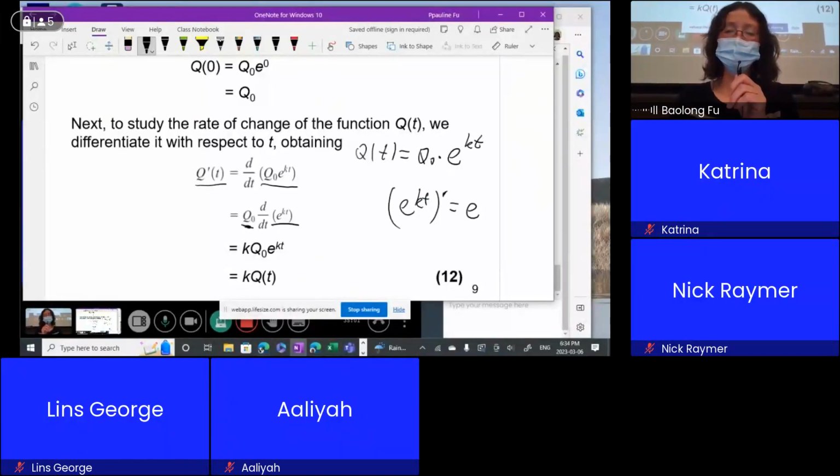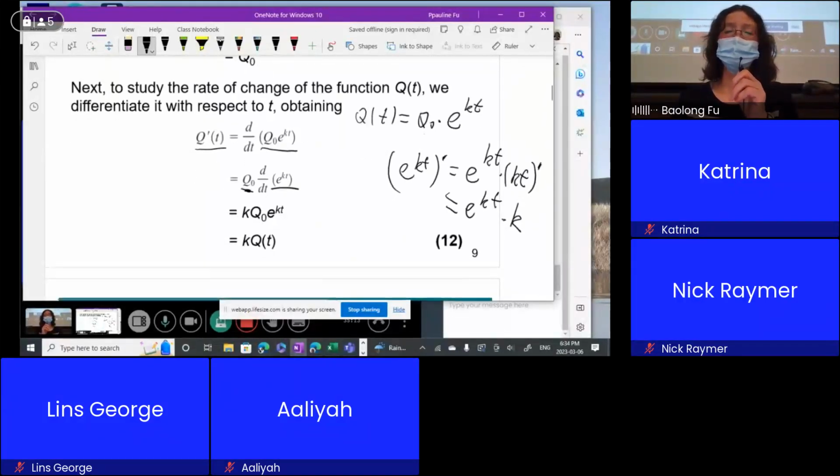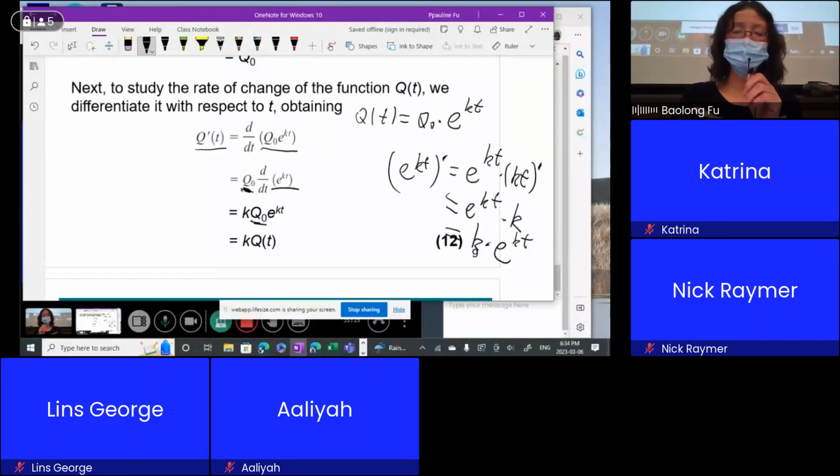Okay. And then, what is the derivative of e raised to power kt? It is equal to e^kt, then kt take derivative, chain rule. Kt derivative is just k. Usually we put the constant in front of a function, so k times e raised to power kt. So this part you copy down Q0.